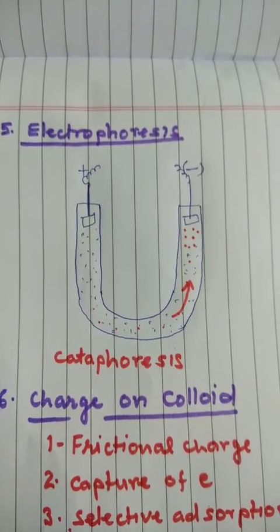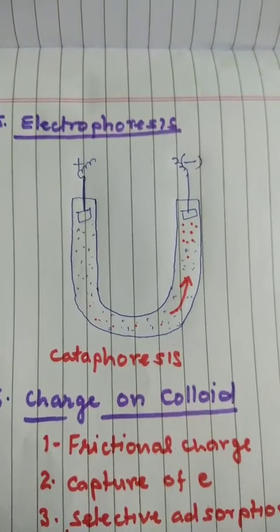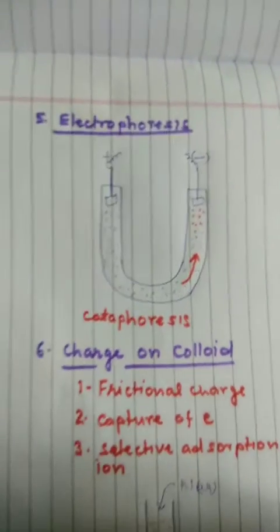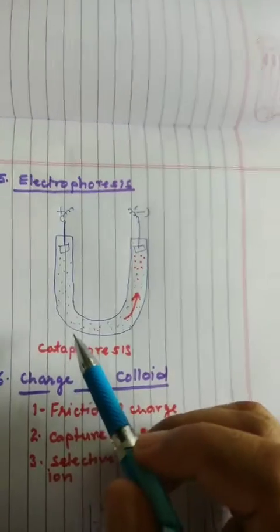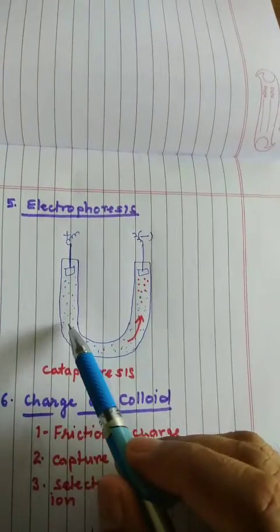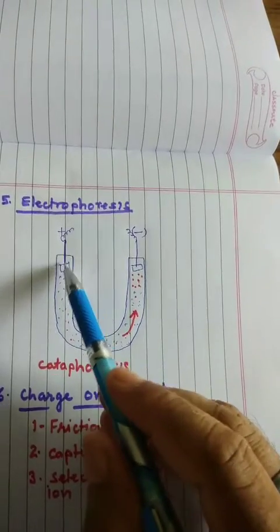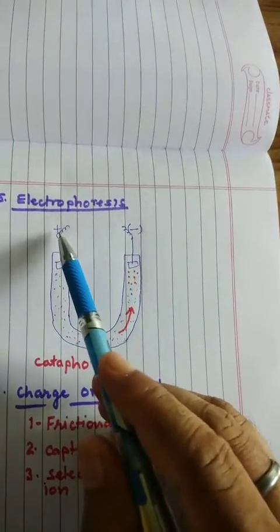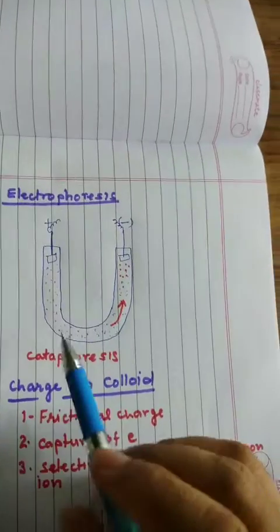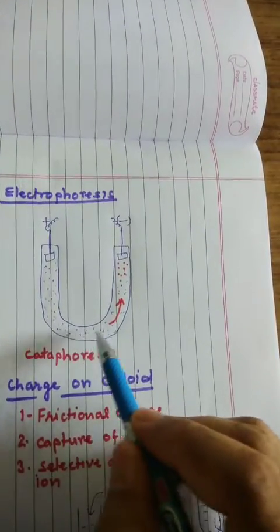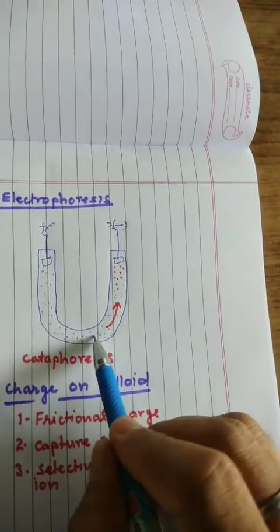Now how is it known that colloidal particles have charge? The colloid is put in a U-shaped tube like this one, which is provided with electrodes charged at high potential. We have the colloid in it.